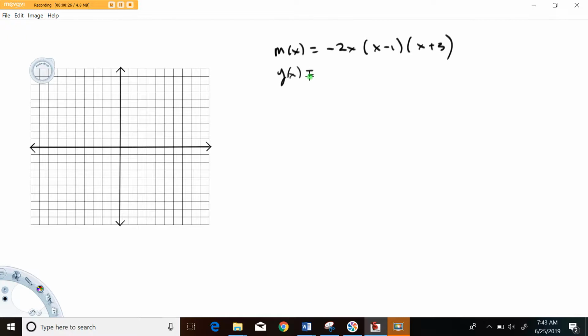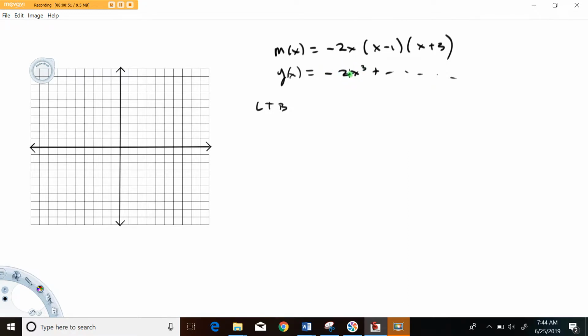And before we talk about details, let's talk about the LTB here, the long-term behavior of this function. By the time we multiply this out, the lead term is going to be a minus 2x to the third. So this function looks like minus 2x to the third plus a bunch of stuff, where this bunch of stuff will be squared, linear and constant terms. That's the important thing, right?